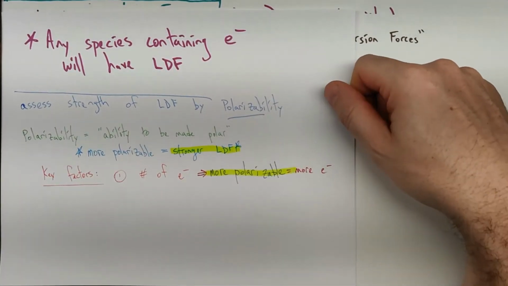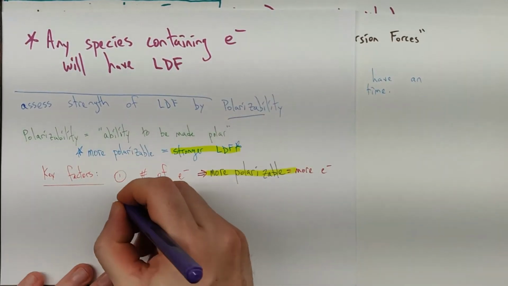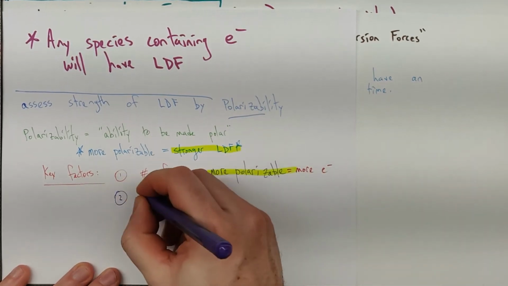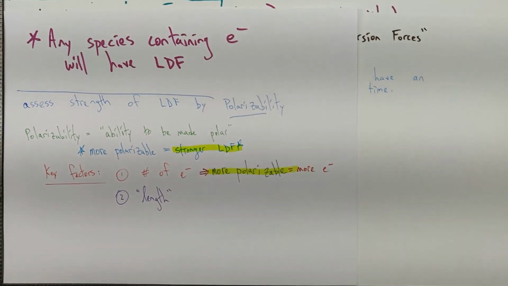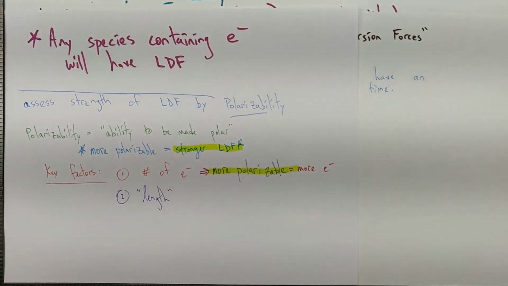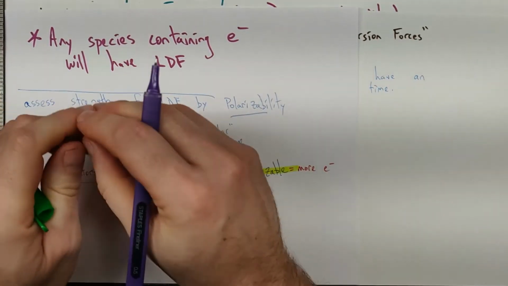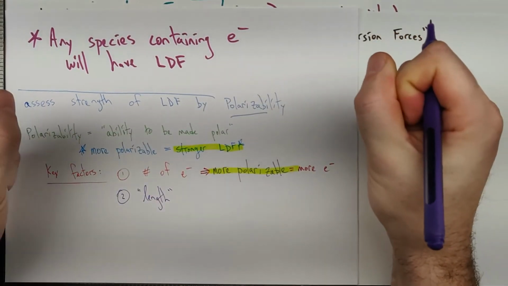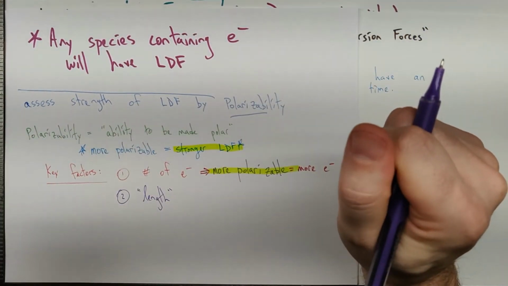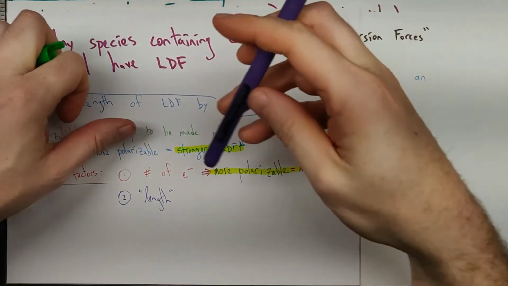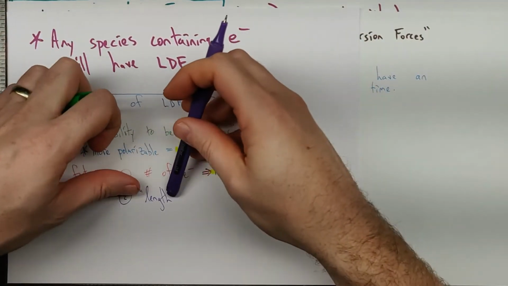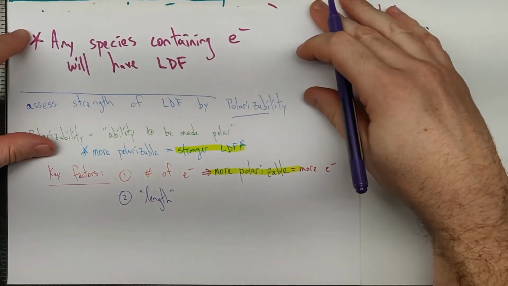It's a common mistake. And then the other key factor for polarizability is something I will describe as length. And you'll see what I mean in an example, but the short of it is, the farther apart you can get that charge distribution, the stronger the instantaneous dipole will be. It's a vector, and given the same number of electrons, if they are farther apart, you get a larger dipole.